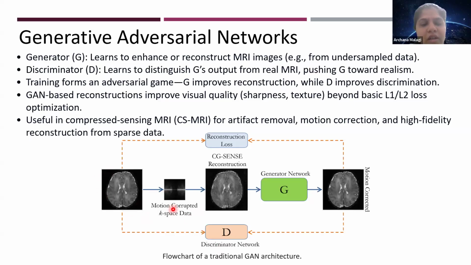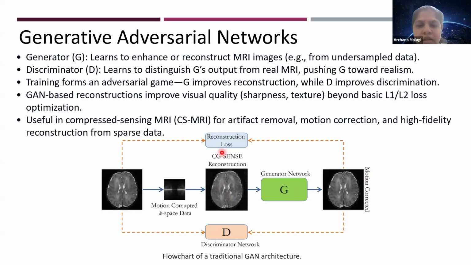If you give a corrupted K-space, if you introduce noise into the K-space, then it reconstructs using a traditional model like compressed sensing, and then you provide that input to a generator, and it will correct for that motion.